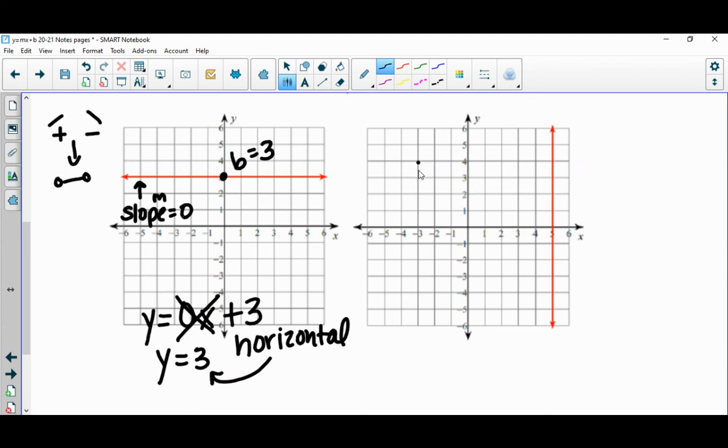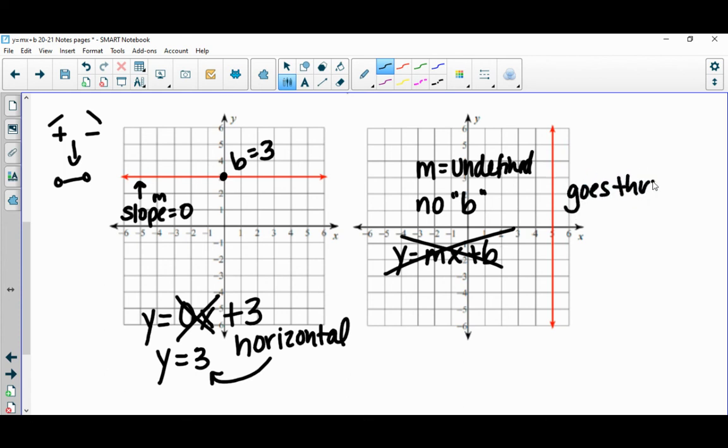For this one over here, our slope is going to be undefined. Thinking about Mr. Slope Guy, that's that vertical line. There is rise, but there's no run, so we don't have a 0 in the denominator. There is also on this one no b value because this does not go through the y-axis. So our equation y equals mx plus b is not going to work on this sort of line. This line, if you notice, goes through the x-axis.